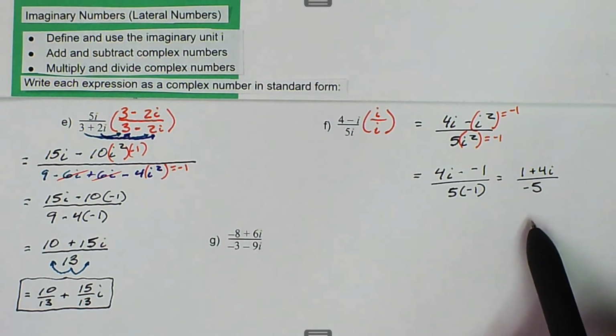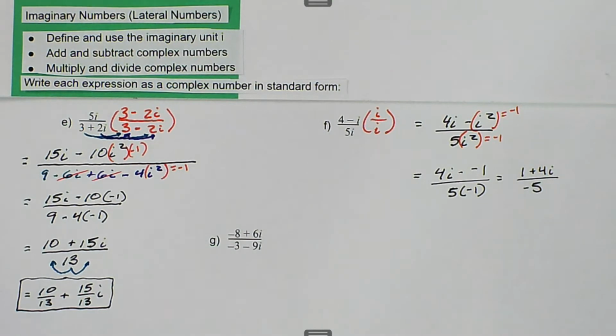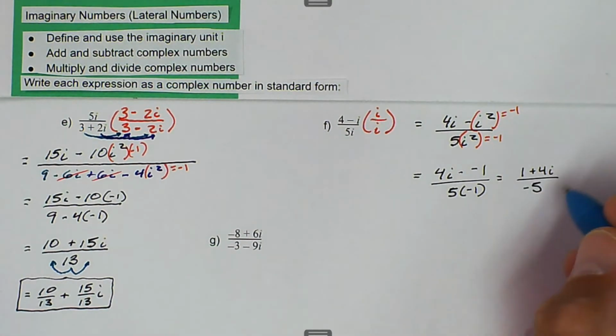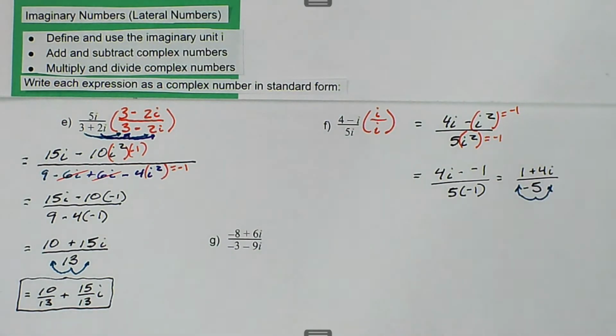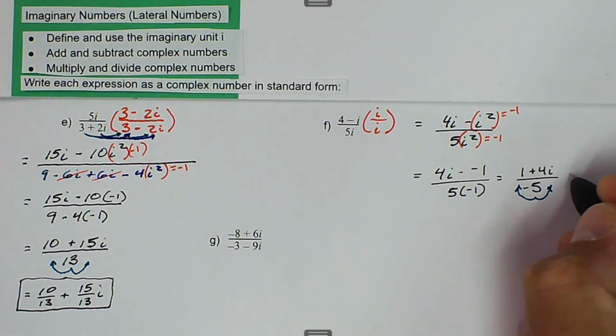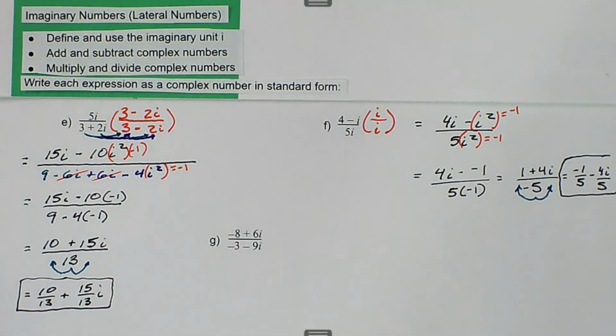Now, we don't like the negative in the denominator, so what we want to do is distribute the negative 5 to both terms in the numerator, and we can rewrite this one last time as negative 1 over 5 minus 4i over 5. And that is in the simplest form.